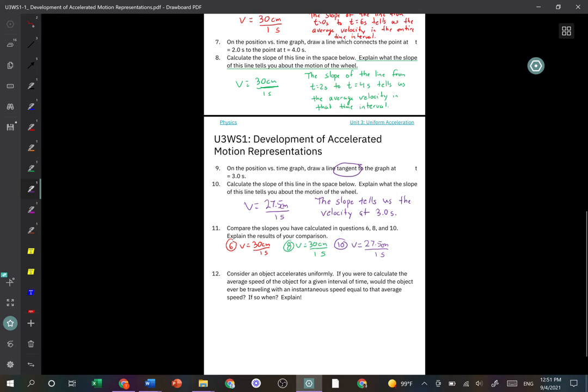One thing that we can say is that for question number 6, we can calculate the average velocity in the middle region of our graph, which is 30 centimeters for every 1 second. For question number 8, we can also compare the average velocity over the entire time region of our graph. And for question number 10, we can calculate our instantaneous velocity, the velocity at that one exact time at 3 seconds. And we can see that they're all really similar to each other.